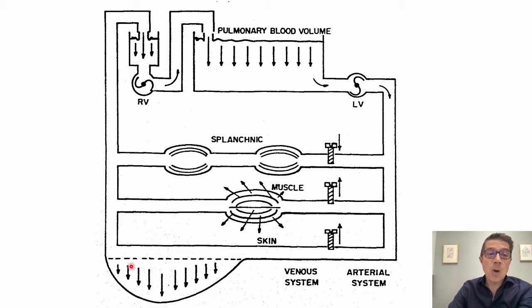As a response, less blood returns to the right part of the heart, the right ventricle, which then sends blood through the pulmonary blood flow, and then we end up in the left ventricle. So if part of the volume gets redistributed here, then less blood will return to the right part of the heart, less blood will go to the left side of the heart, so less blood overall will be circulating, and that could be an issue.